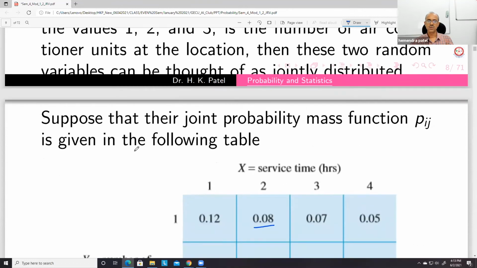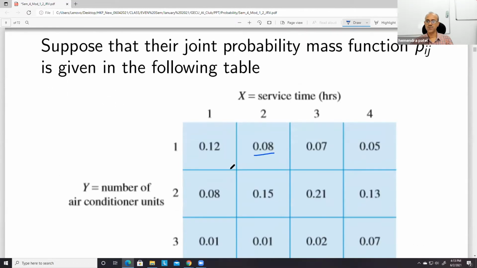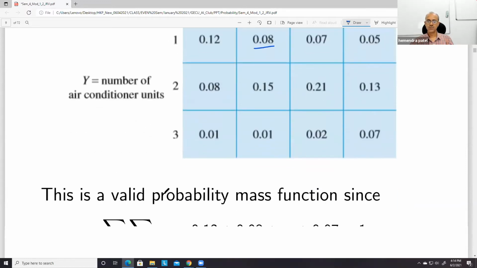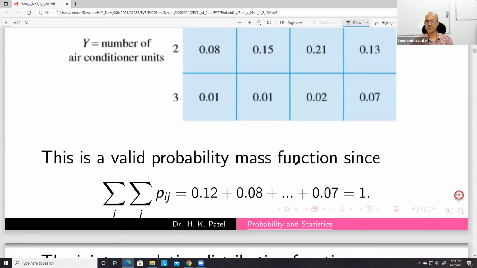Suppose that their joint probability mass function is given in the following table. So this is a valid probability mass function.